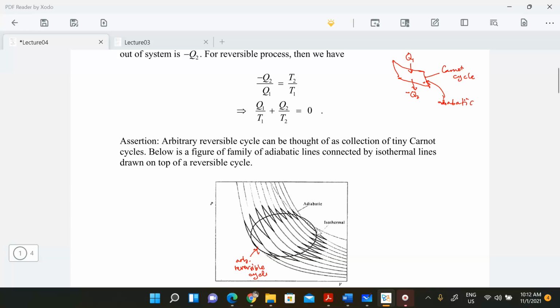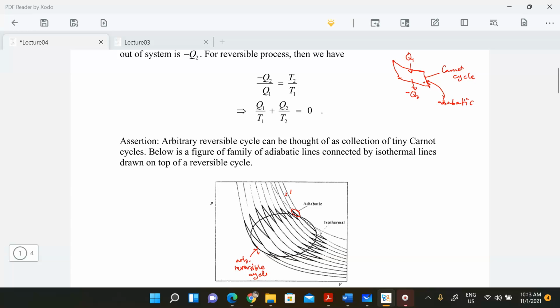So it's been joined between adiabatic process 1 and adiabatic process 2, for example, by this isothermal. So you can think of there being families of those, and these adiabatic processes being joined up by what you call isothermal lines.